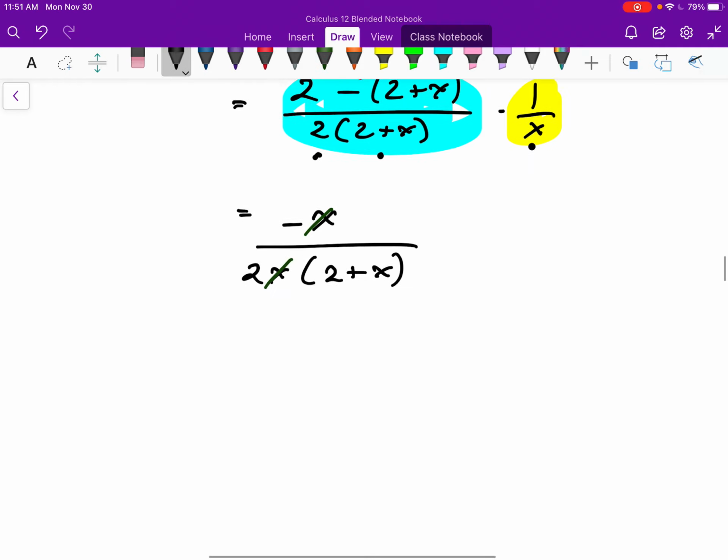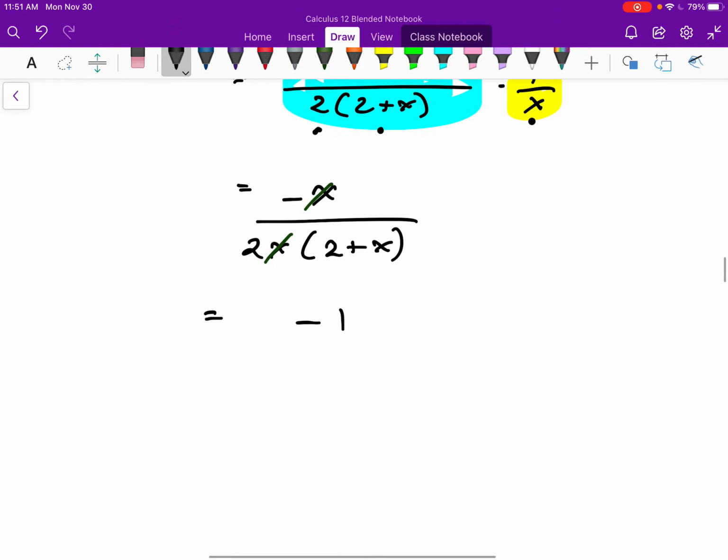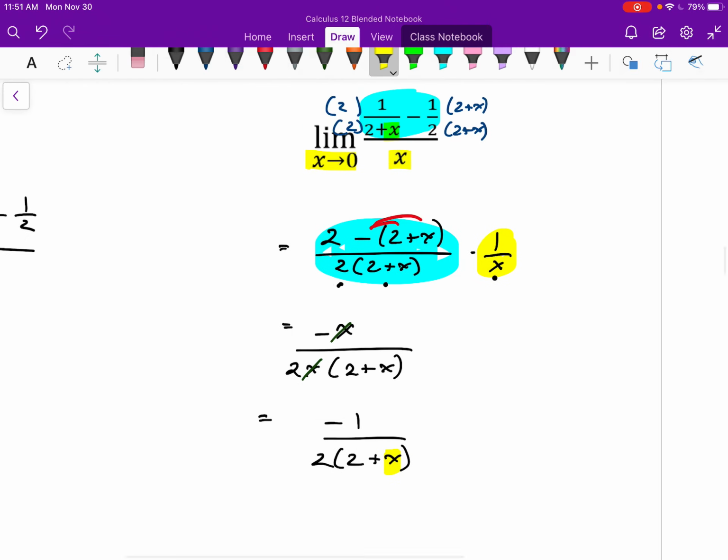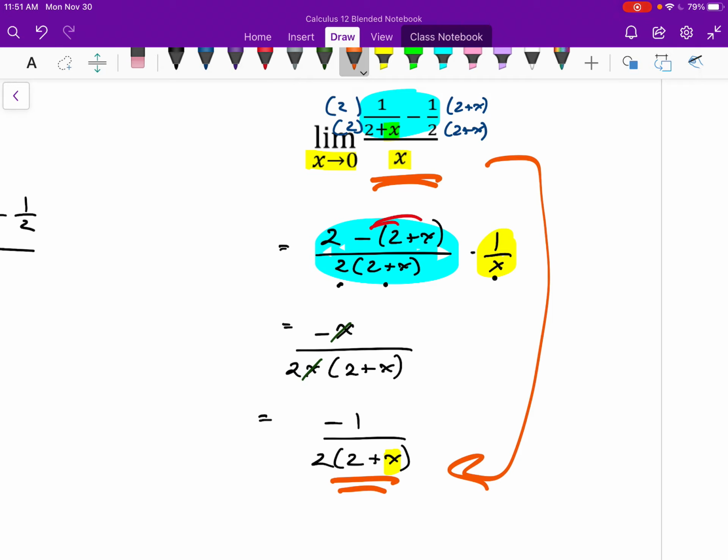And so this messy expression, I can now write as negative 1 over 2 times 2 plus x. Notice at this point, I can now substitute x with 0, and I'm not dividing by 0. I algebraically found an equivalent expression for this expression right here. So these two are algebraically equivalent, but in this expression here, I can replace x with 0.